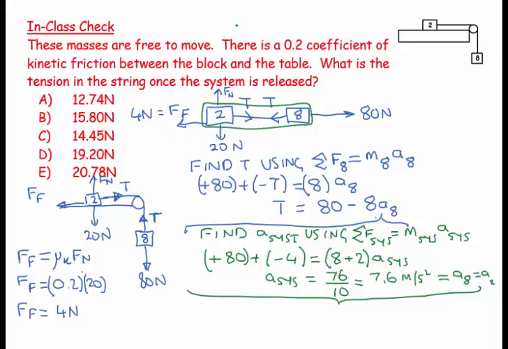So now I can simply say, T is equal to 80 minus 8 times 7.6, which equals 80 minus, let me get my handy dandy calculator, 8 times 7.6 equals 60.8, which equals 19.2 newtons.